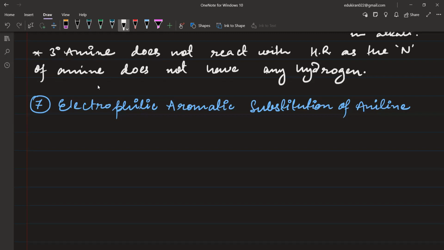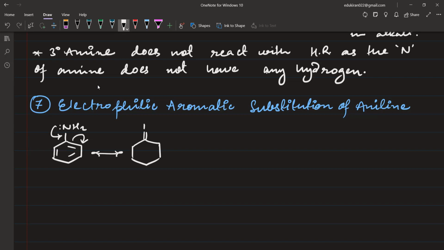First of all, if I look at aniline, it will have a benzene ring that has an NH2 group. And this NH2 group will have a lone pair of electrons, which will be in conjugation with the pi electrons of the benzene ring. And that is why it will show resonance.